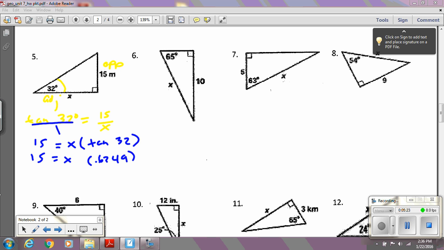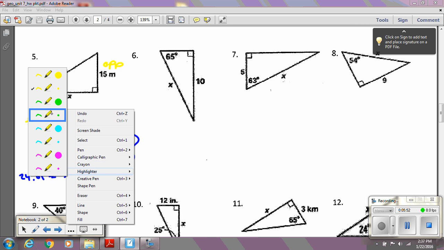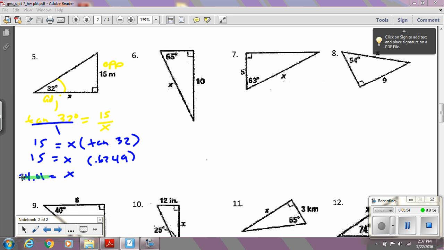So 15 divided by 0.6249 is going to give me 24.01. Again, you have to divide both sides in order to get x isolated, not multiply. It's a different setup.